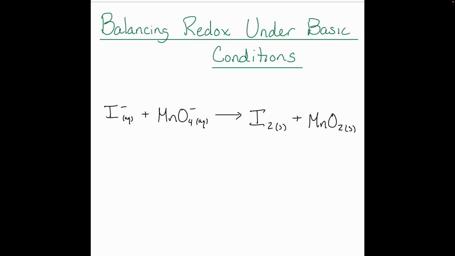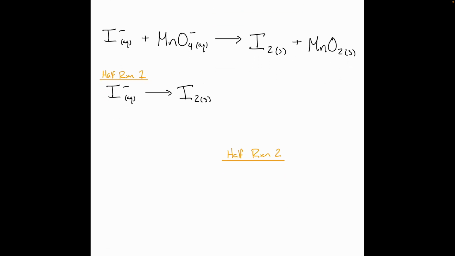We're going to first break this up into these half reactions. I'm just going to call this half reaction 1, where my iodide ion is becoming solid iodine, and half reaction 2, where my permanganate is becoming that manganese 4 oxide.